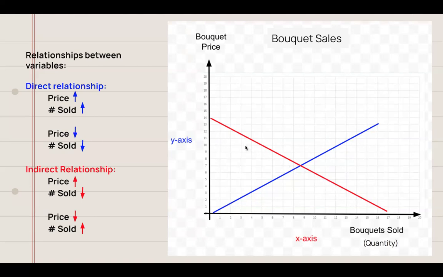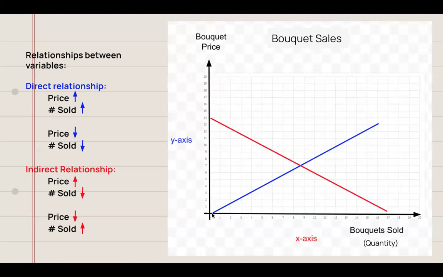In an indirect relationship, one variable goes up while the other variable goes down. So we have price increasing and quantity decreasing, or we have price decreasing, quantity increasing. It's an indirect relationship. The variables go opposite of one another.